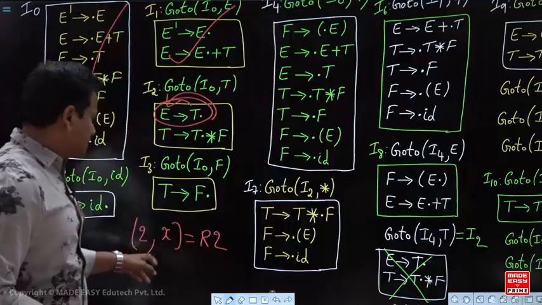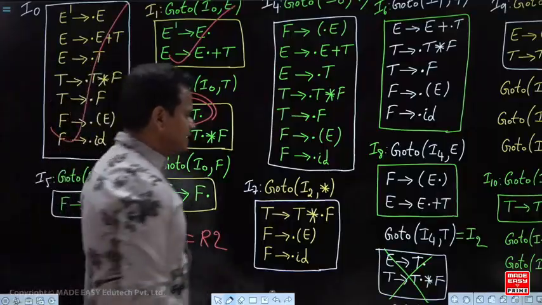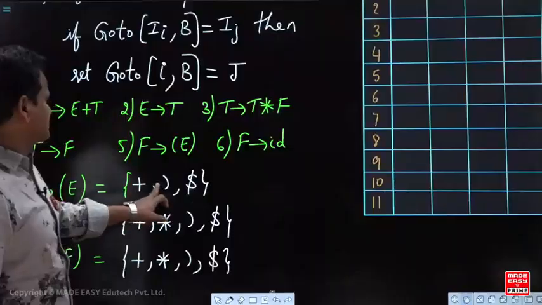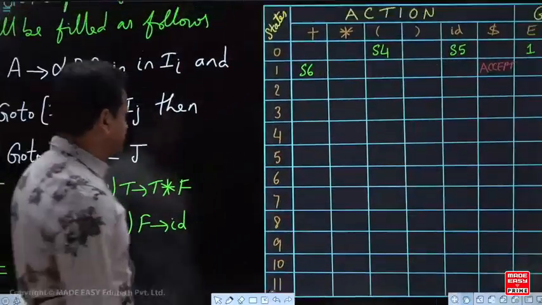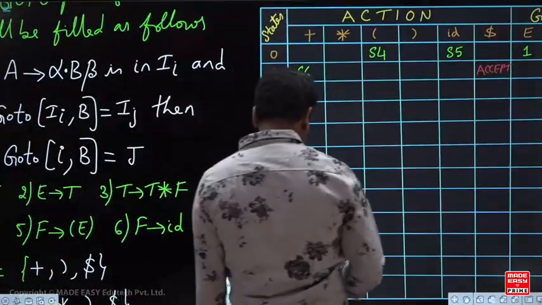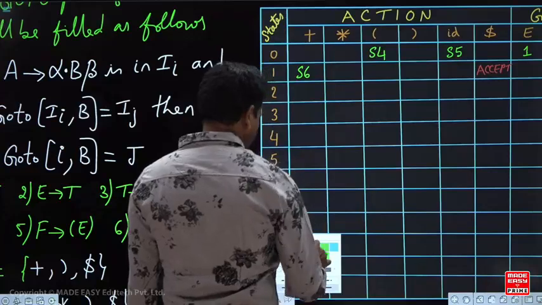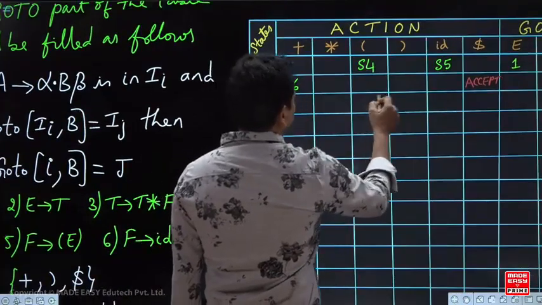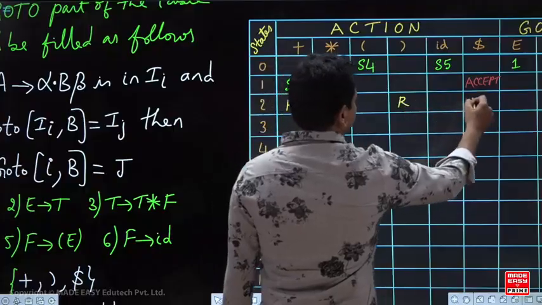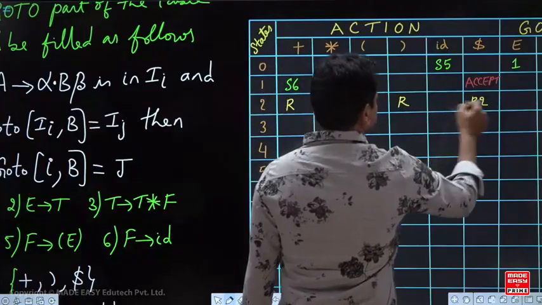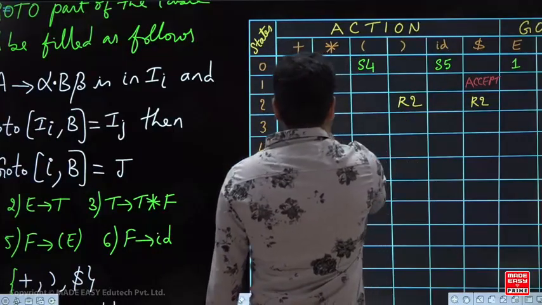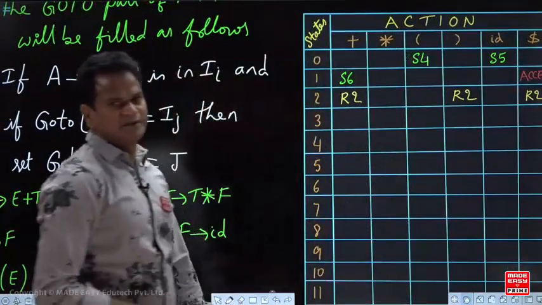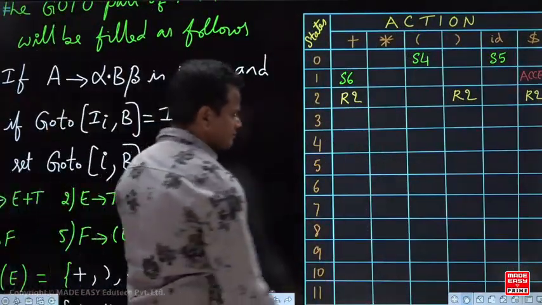So in 2 comma plus, 2 comma close, 2 comma dollar, we write the reduce by E derives T, number 2. That's it. Very simple, guys, very simple.